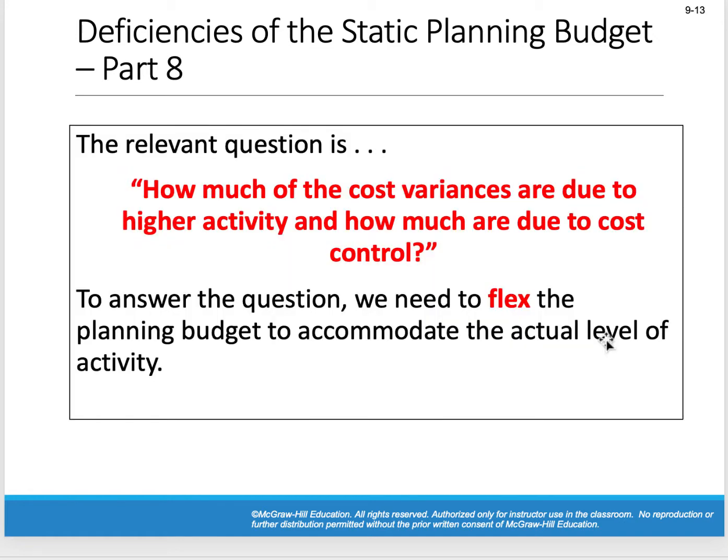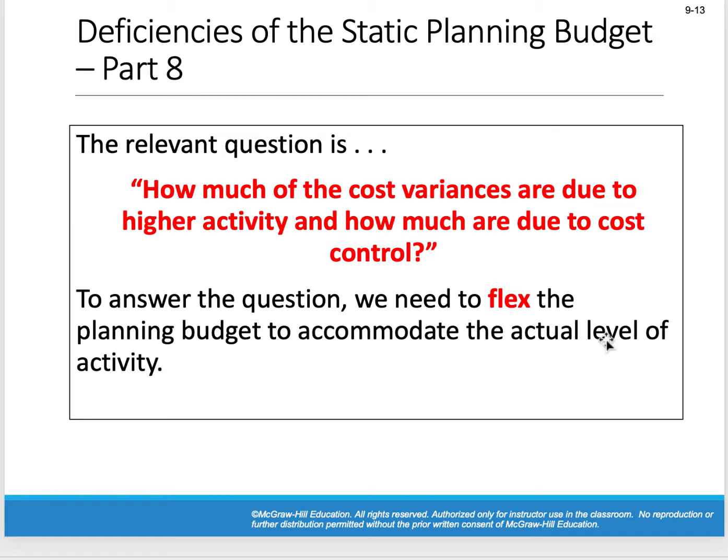So what we really need to ask is, what should the costs have been due to that activity, right? With this higher activity, how much should the cost be? And based on that activity, we can then say, Larry, you did a good job or you did a bad job controlling costs, okay?